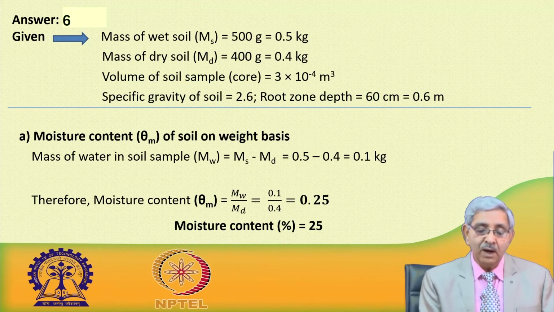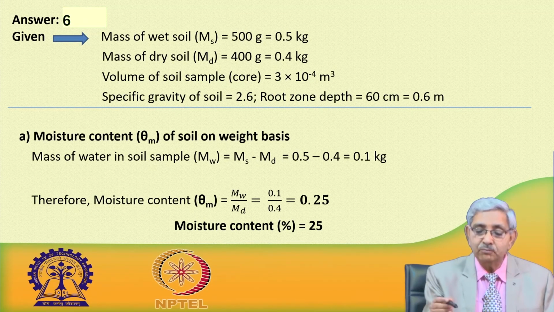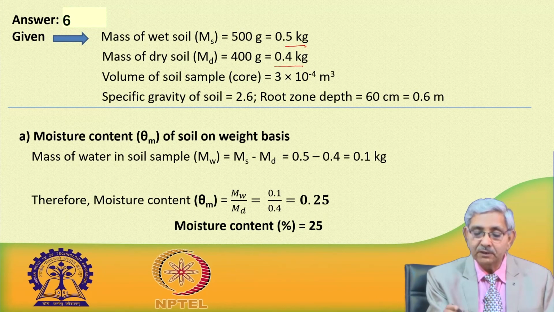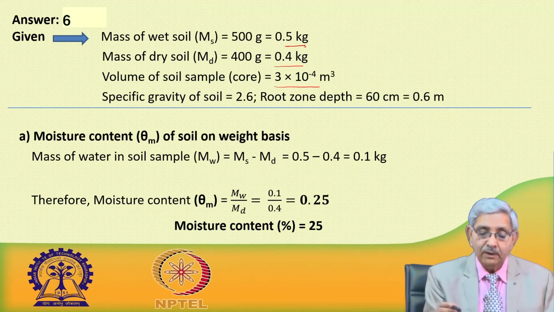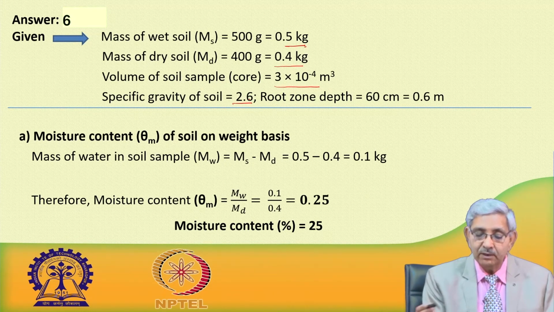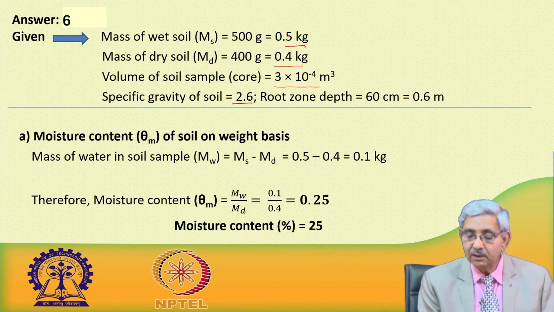So, mass of wet soil is 0.5 kg. After drying, it is given as 0.4 kg, and the volume is 3 into 10 to the power minus 4 cubic meter. The specific gravity of the soil is 2.6, and the depth of root zone is 0.6 meter.